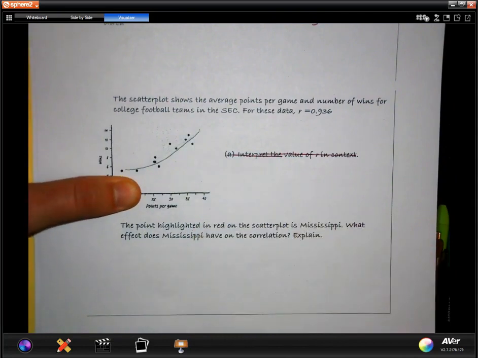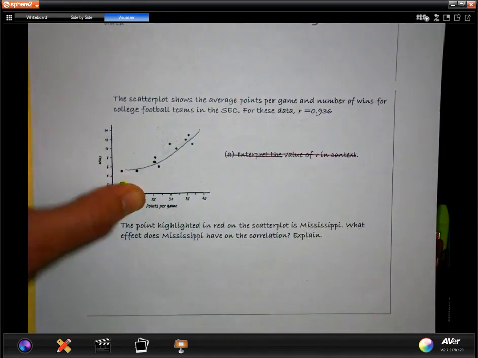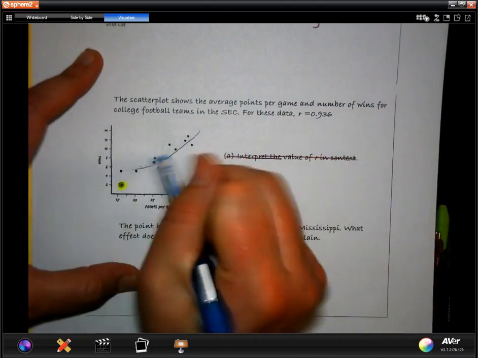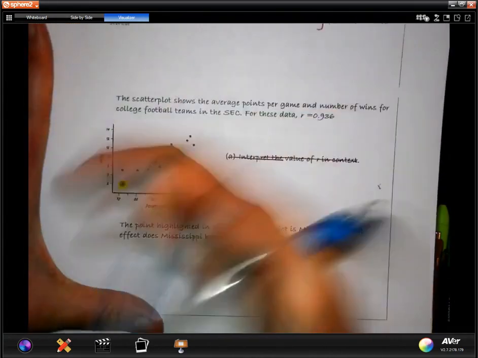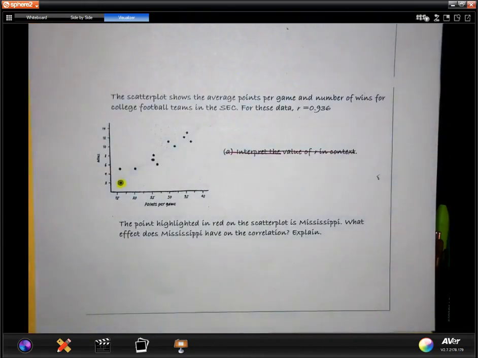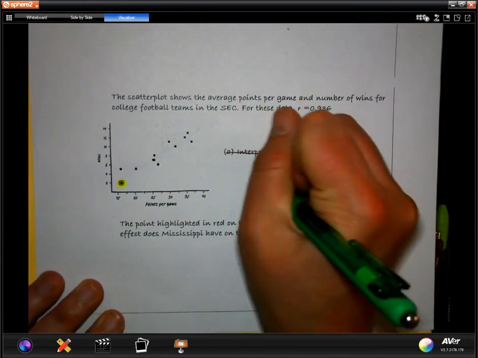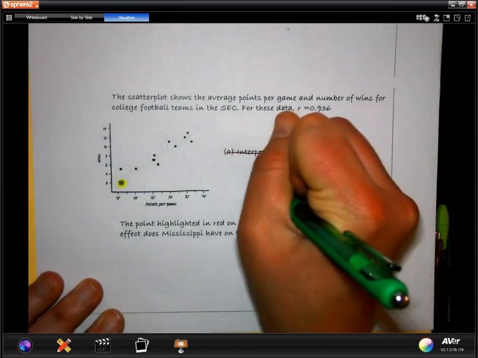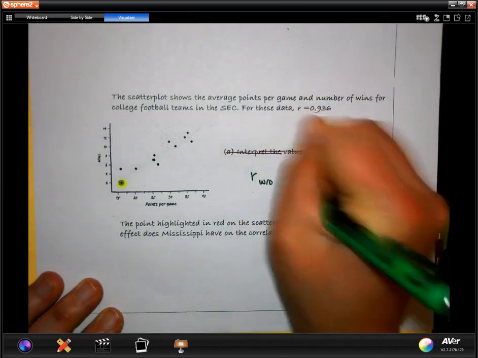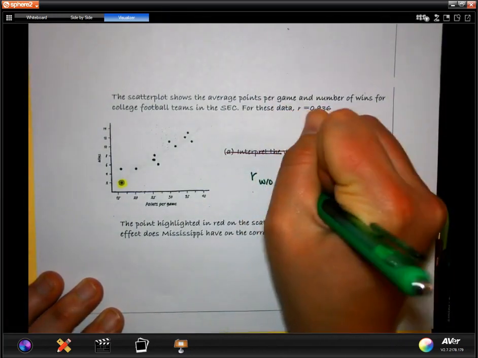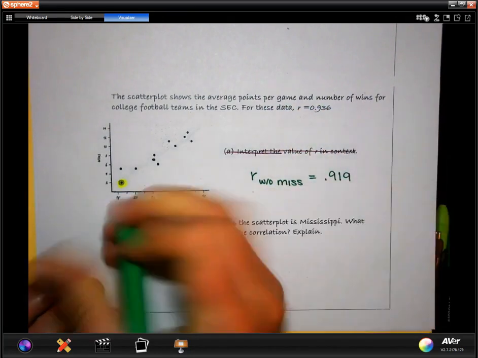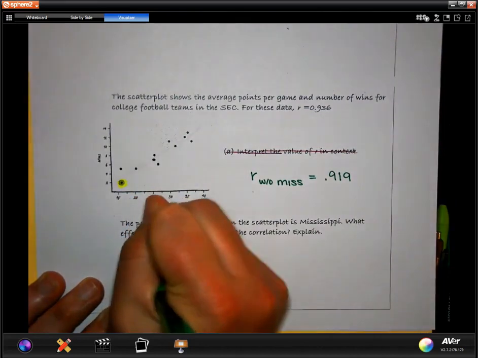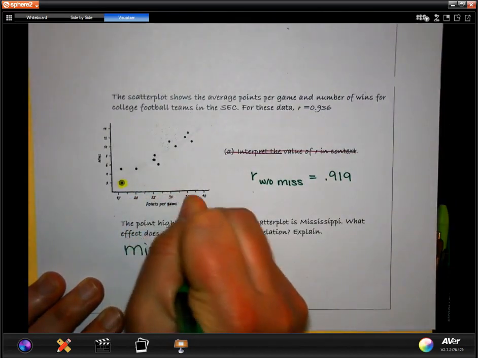So by getting rid of Mississippi, my correlation went down, not much, but it went down, so it got less strong. So Mississippi was keeping us closer to 1. So R, and that's without Mississippi, became 0.919. So Mississippi kept us closer to 1.